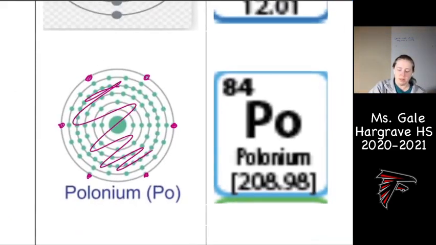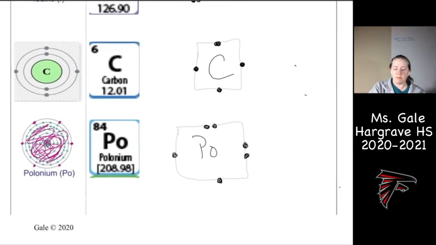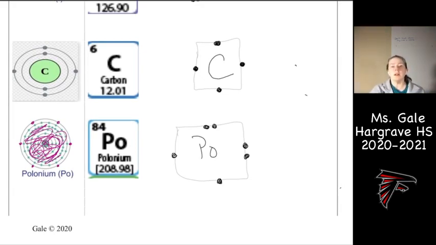And we don't care about any of the others. So when we get to bonding, polonium has 2 free electrons that need a buddy. So we will learn later in the week that these 2 electrons will want a buddy from another element. Okay?